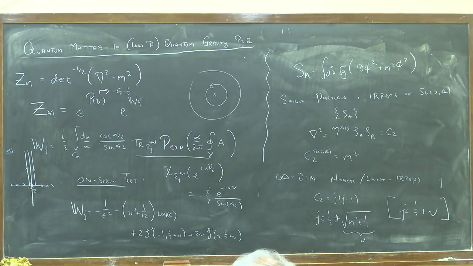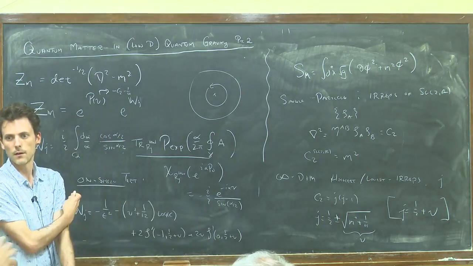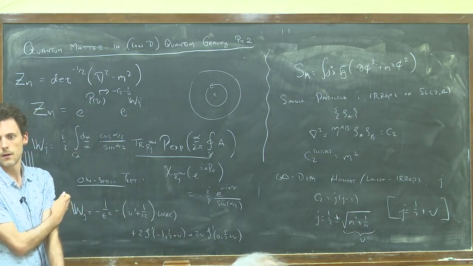Sorry, I would have expected that the states be highest weight, then highest weight plus 1, highest weight plus 2, and so on, or lowest weight plus 1. So the numerator is giving that highest weight. And then the sine is like you take something out and there's a 1 minus. But there's an extra half.